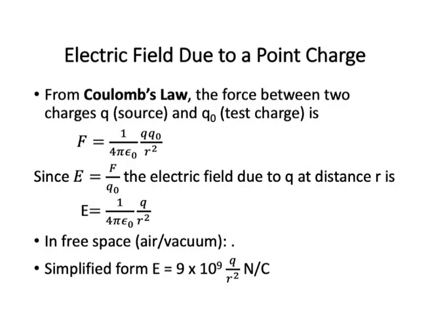So, we can write F is proportional to q and q naught. At the same time, the force between these two charges is related to the square of the distance between them. Suppose q and q naught are separated by a certain distance r, then the force of attraction or repulsion is directly proportional to 1 by r square.